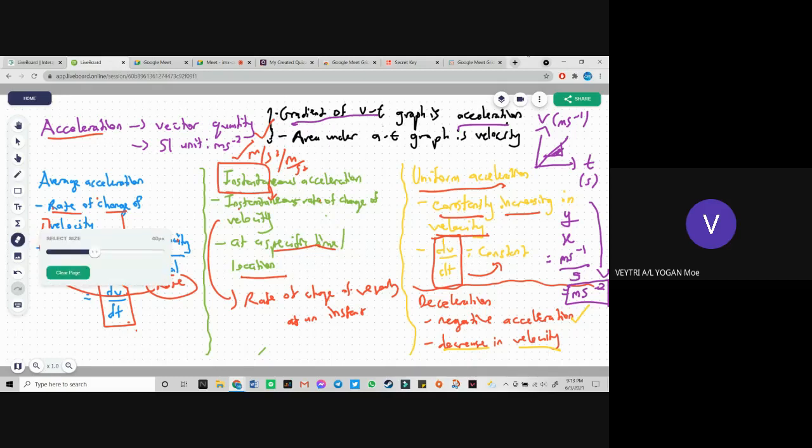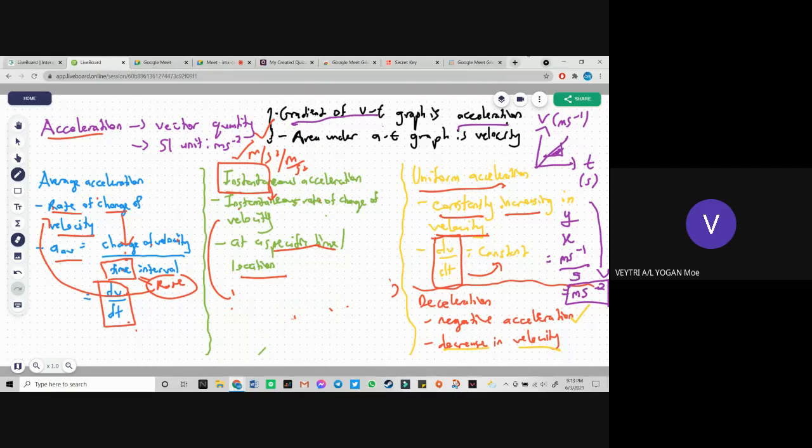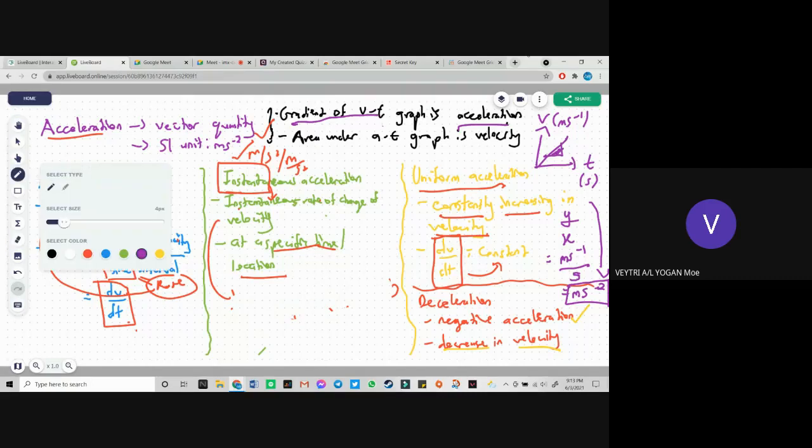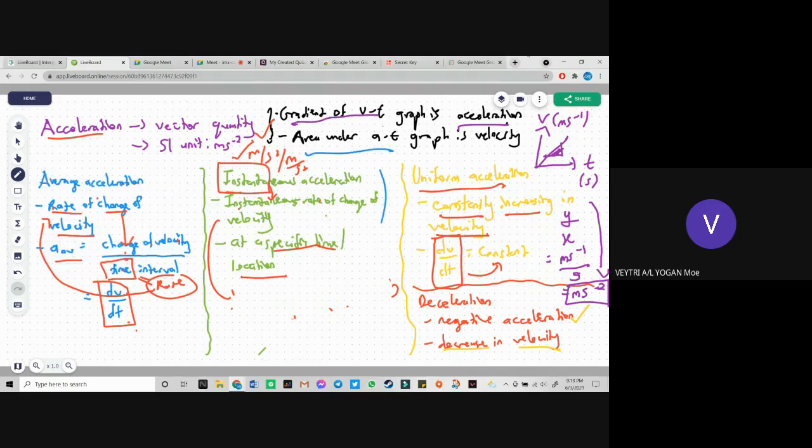Now, let me erase a bit. I erase here and I'll just draw the graph here. This graph is important because sometimes it can be worth 10 marks. Alright, now the second part, area under AT graph. Now, AT, okay, A is meter second negative 2, time is second.